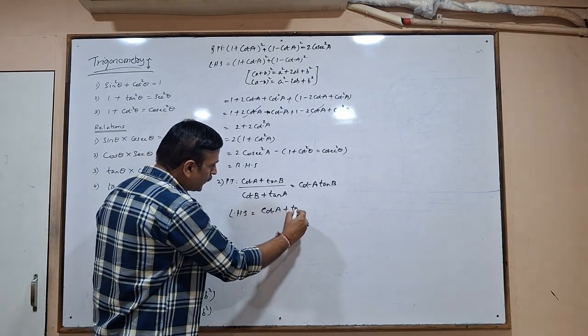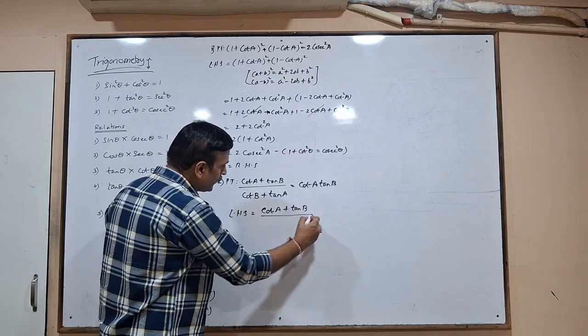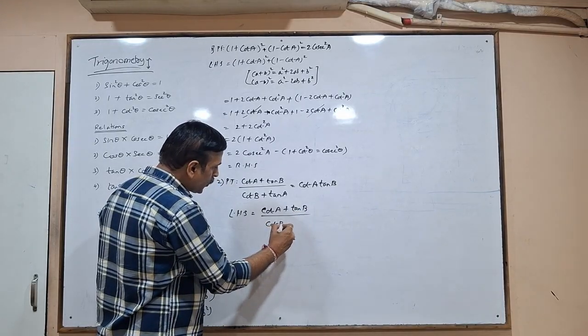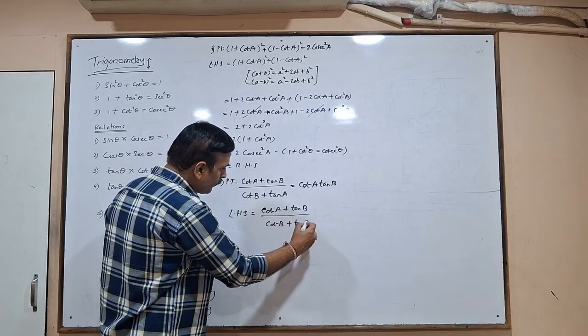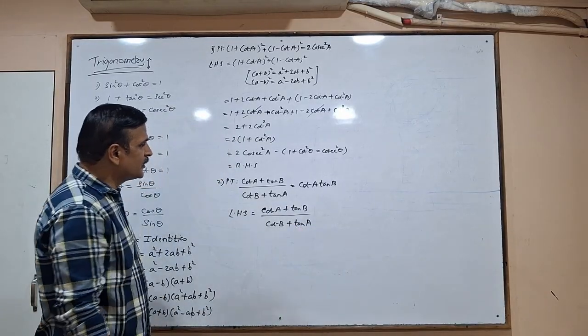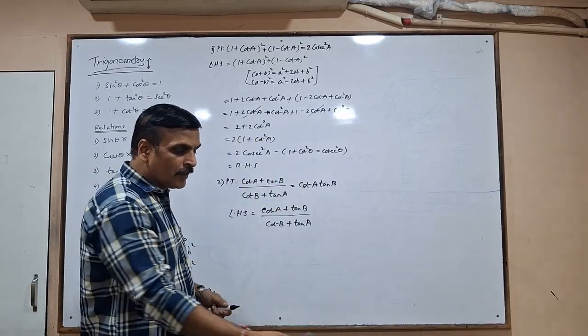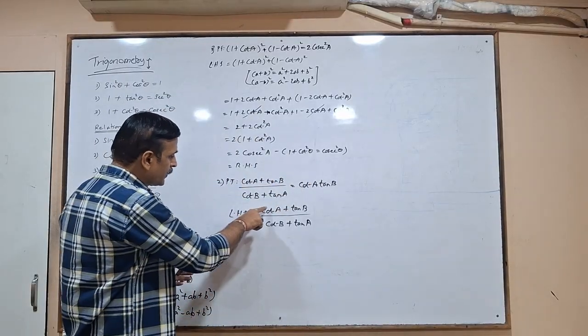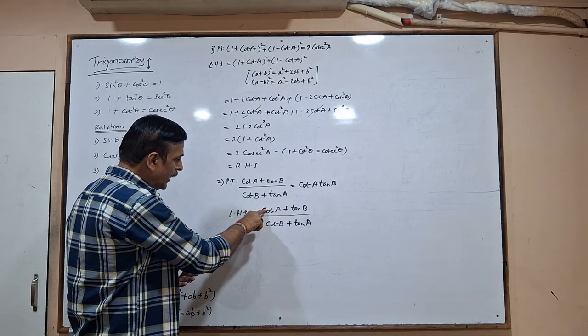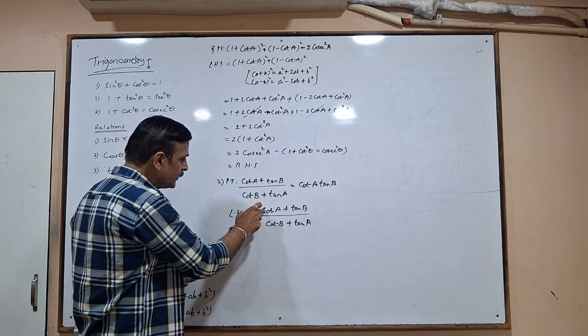Cot A plus tan B upon cot B plus tan A. In such questions, when on both sides there is cot and tan, the aim is to get a single term as in RHS.